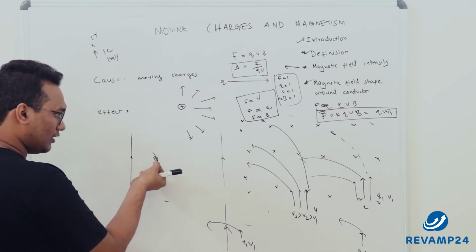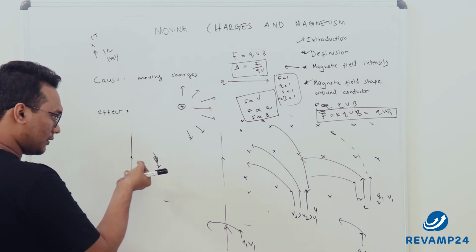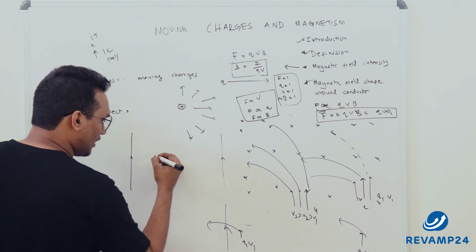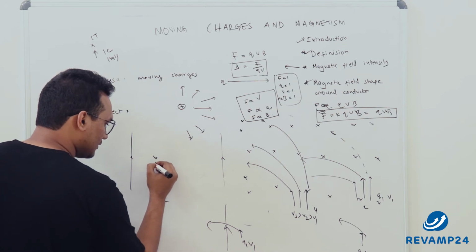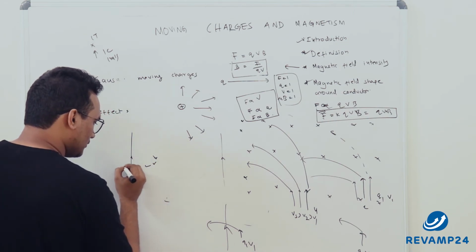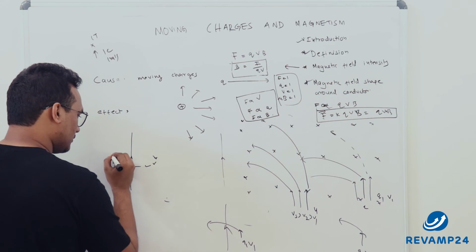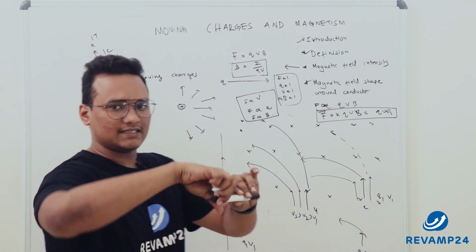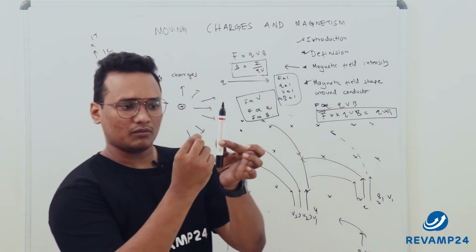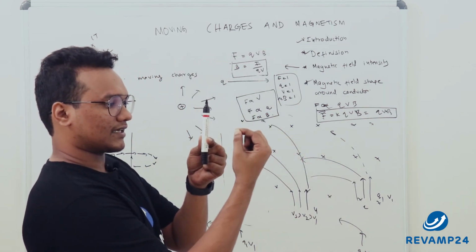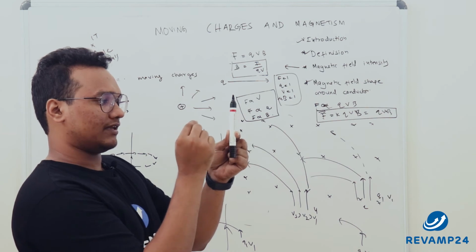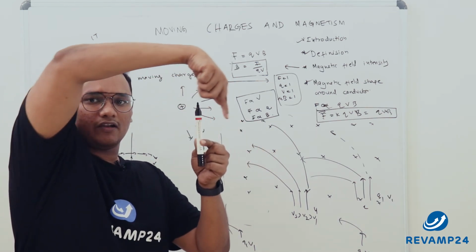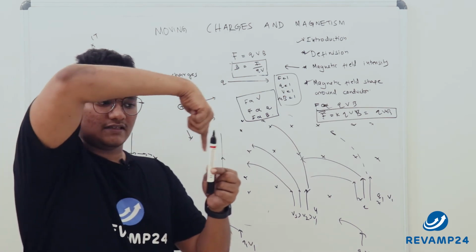And here we will do the experiment. When we do the experiment and check the magnetic field, we will get it in this way. Let's say this is a current carrying conductor. So magnetic field will be in this direction. What do I mean by that? It is circular around a current carrying conductor in this way.